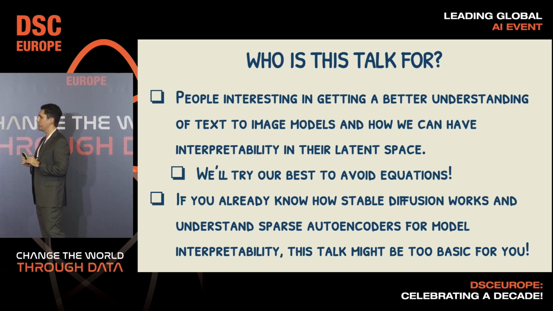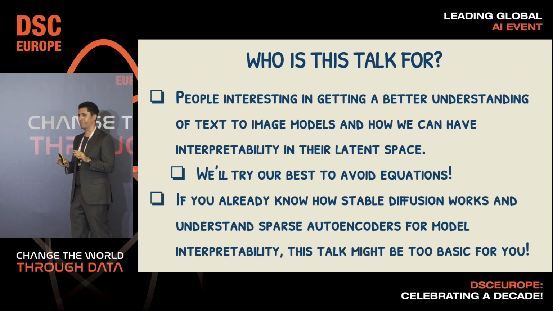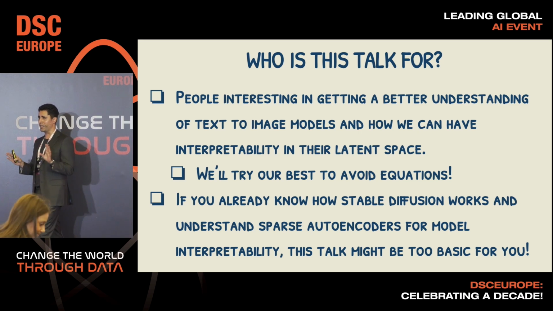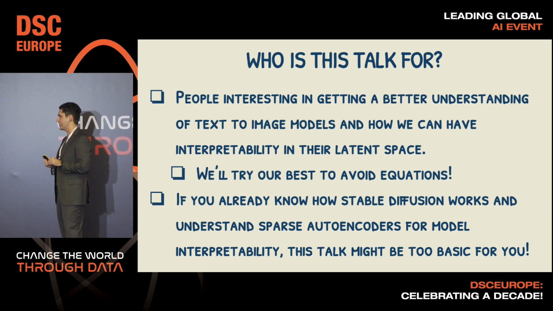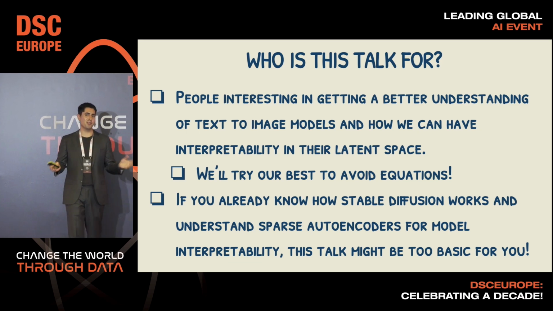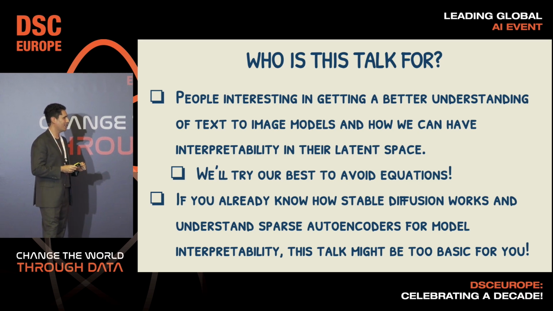But I should also state that if you already know how Stable Diffusion works, maybe you read the paper and understand it, if you understand CLIP, and especially if you understand sparse autoencoders for model interpretability, this talk might be too basic for you. So you won't insult me if you're super smart and just leave right now. I just want to point that out.